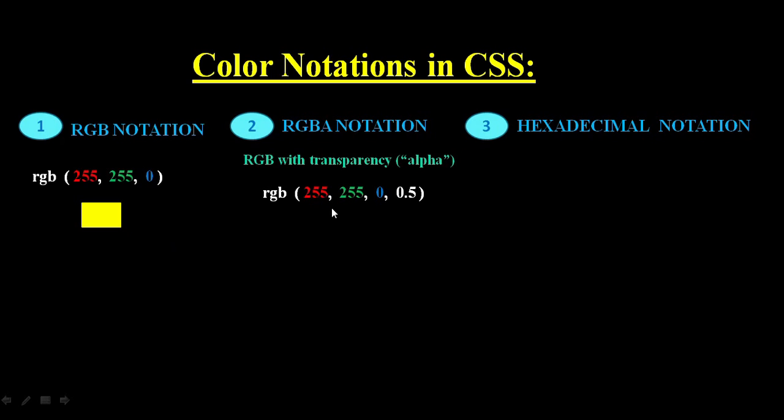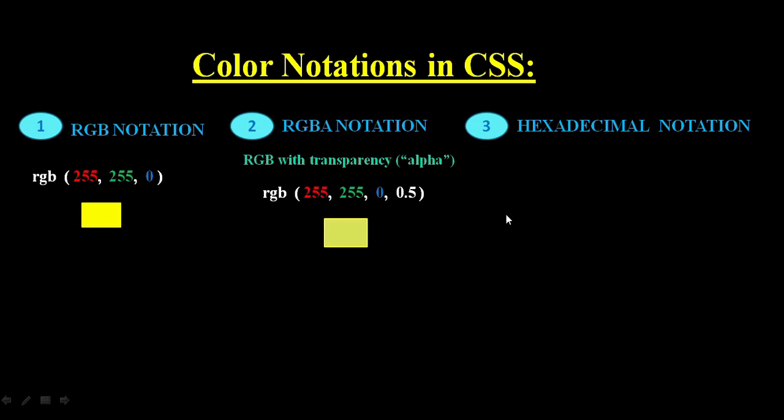That means if you include 0.5 along with these 3 parameters in the RGBA notation, it will give a color like yellow with a transparency value of 0.5. Okay, make a note of it. Here the notation is not RGB, please modify that mistake; the notation is RGBA.